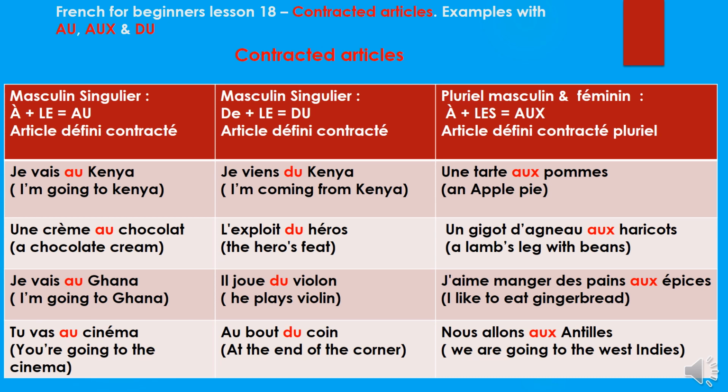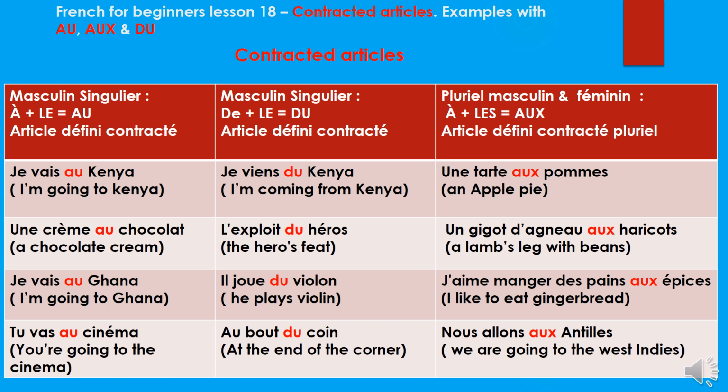So if you want to put it in English, you'll have to start with contracted definite article, as if the translation is mirror reflected. In French you will start with the last word. For example, here we have article défini contracté. That is the French way of how to say contracted definite article. I hope you get me here.